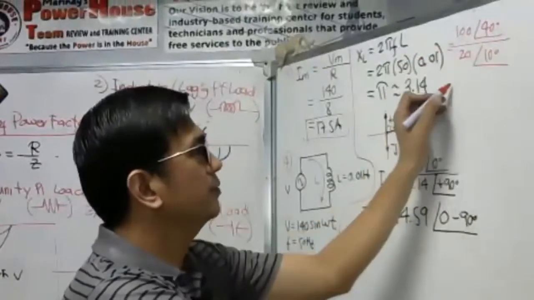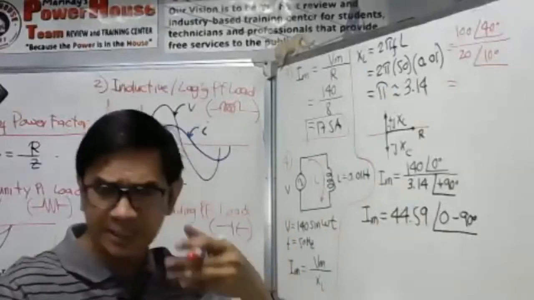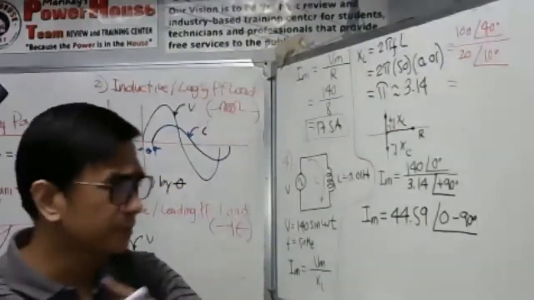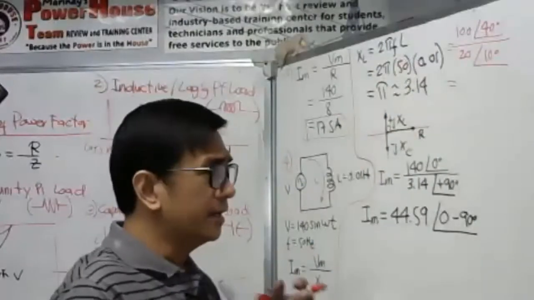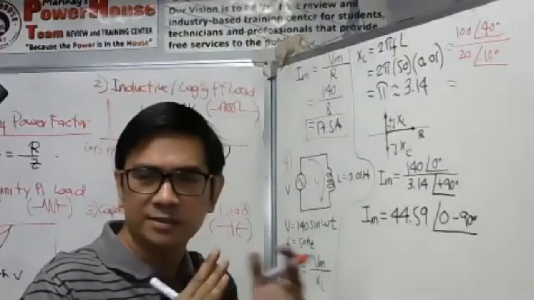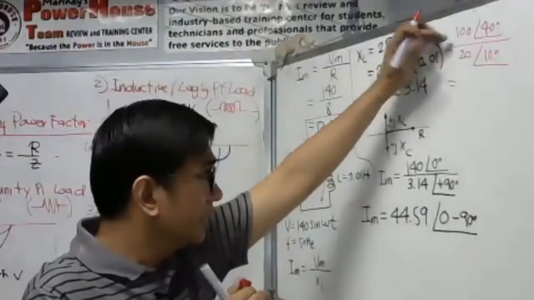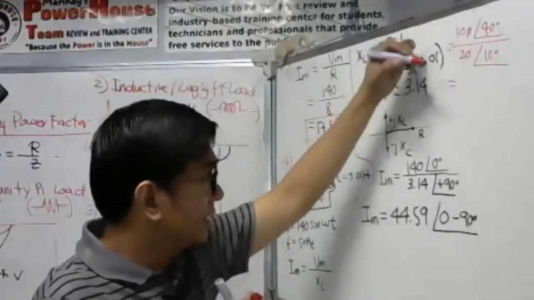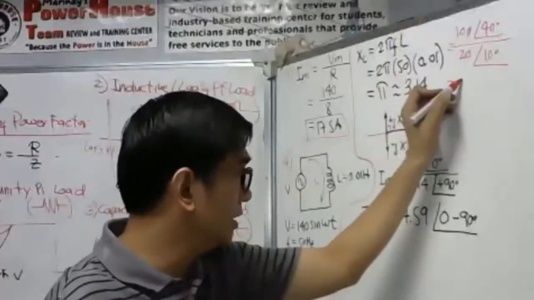For the benefit of our technicians here listening, I know engineering students, especially fourth year, fifth year, even graduates, this is easy for them. But I want to cater also to our technicians. If we are to divide this, that will become 10 over 2, that will become 5.